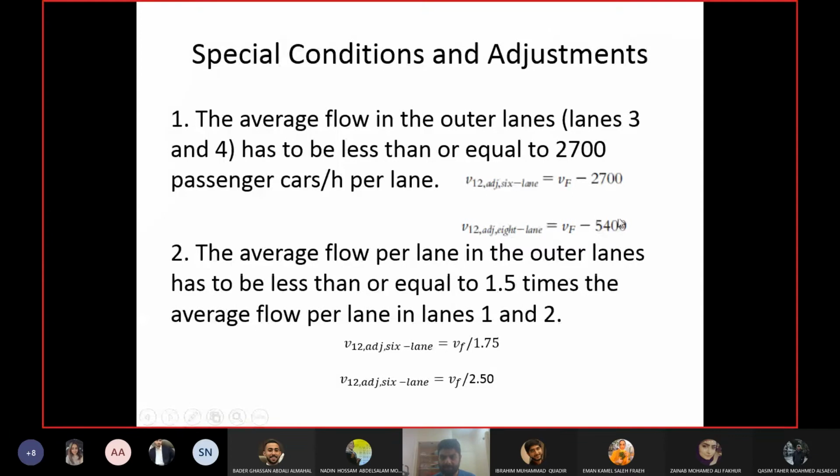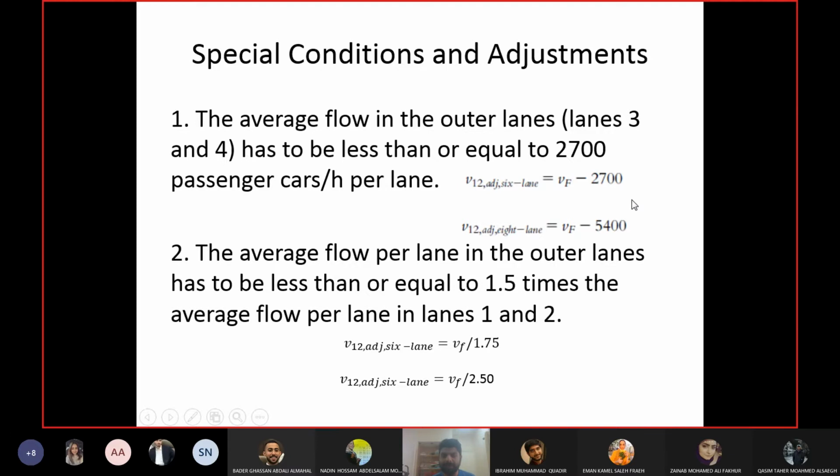If the flow in the third lane is more than 2700, then you will discard the value coming from PFM or PFD and calculate it from here.